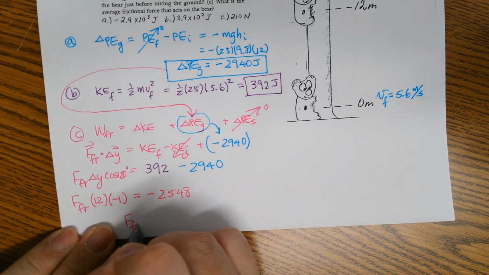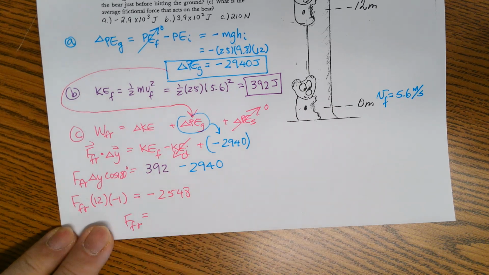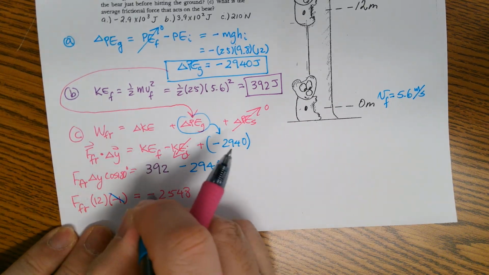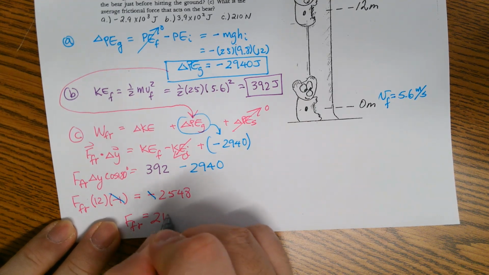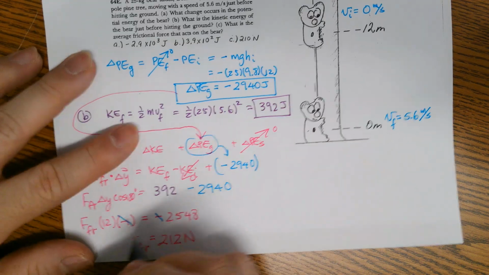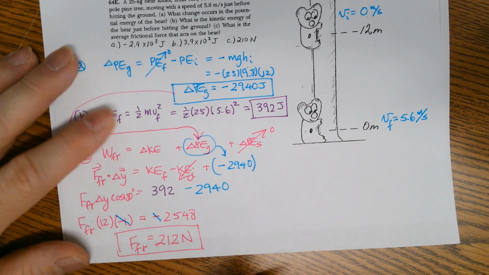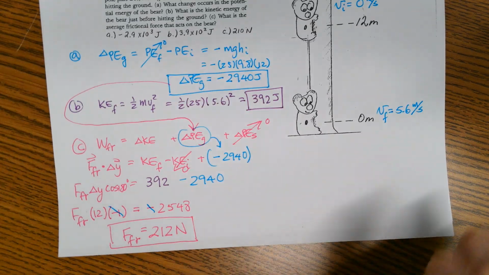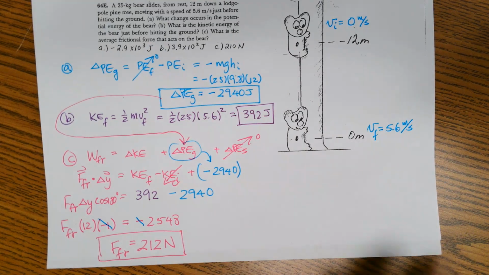The negatives cancel out, so my frictional force comes out to 212 newtons, applied to the bear by the pine tar on the tree. Okay? All right.